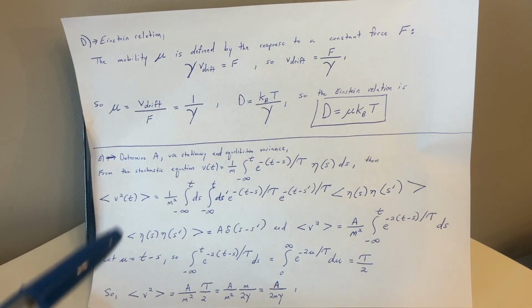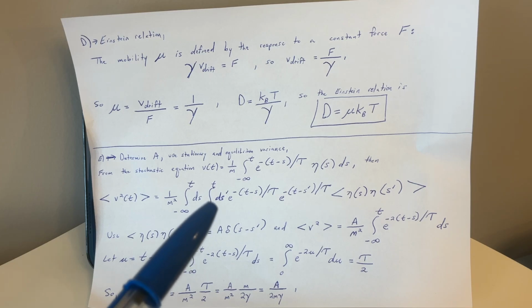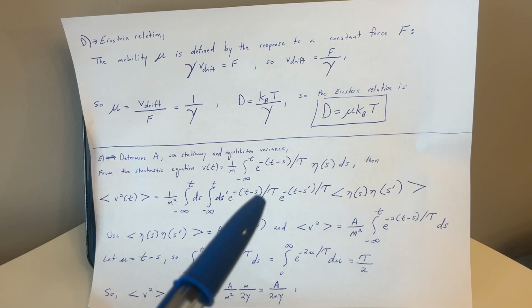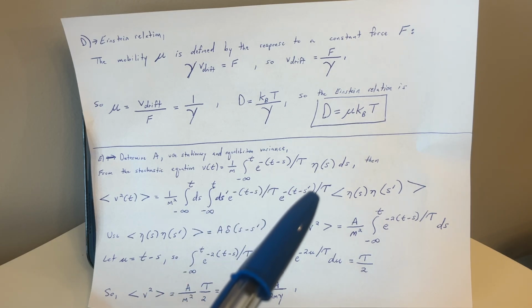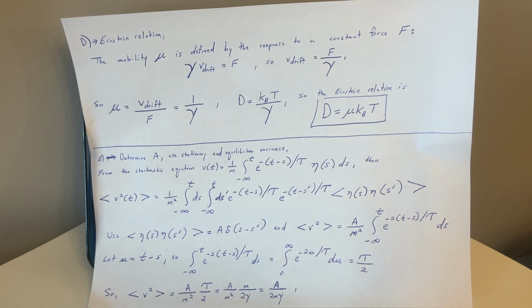Then the expectation value of v squared of t equals 1 over m squared times the integral from negative infinity to t ds, integral from negative infinity to t ds prime, e to the negative quantity t minus s over tau times e to the negative quantity t minus s prime over tau times the expectation value of eta of s eta of s prime.